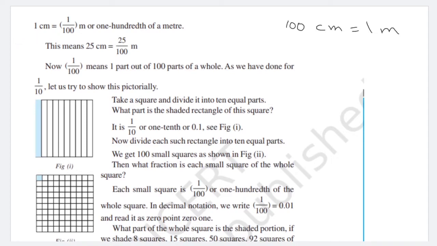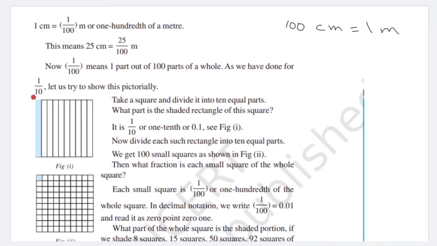Therefore, 1 centimeter, now we are speaking about 1 centimeter, will be 1 by 100 meter or 1/100th of a meter. This means 25 centimeters will be 25 by 100 meter. Now 1 by 100 means 1 part out of 100 parts of a whole.